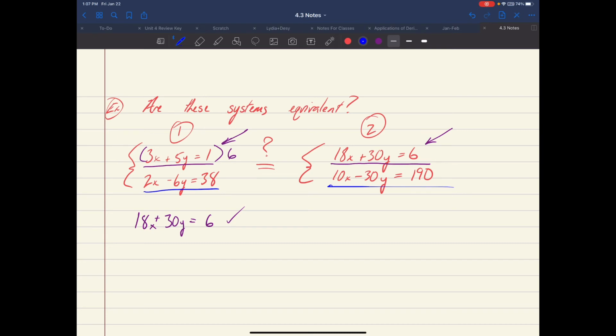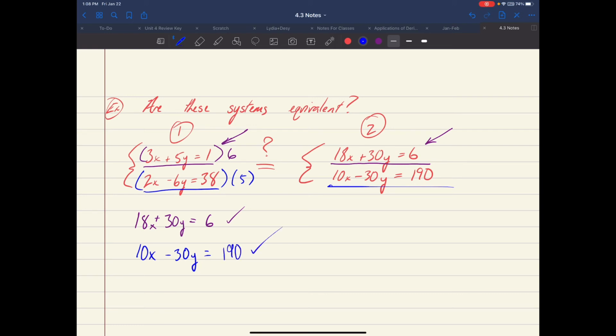And the only number you could use is 5. So if I take this second equation and multiply by 5, let's see if it turns out to be the same for every number. So that first one is definitely 10x. Negative 6y times 5 is negative 30y, so that's looking good. And then 38 times 5 is, in fact, 190.